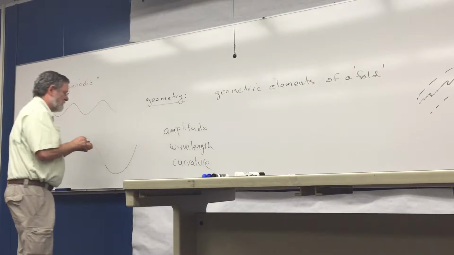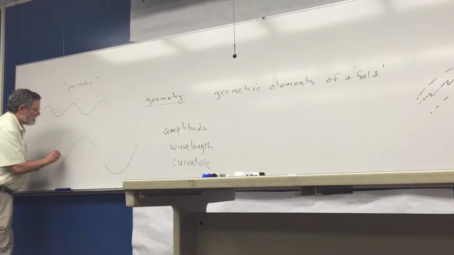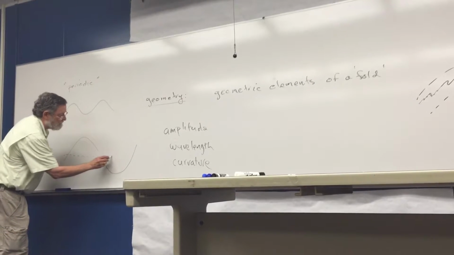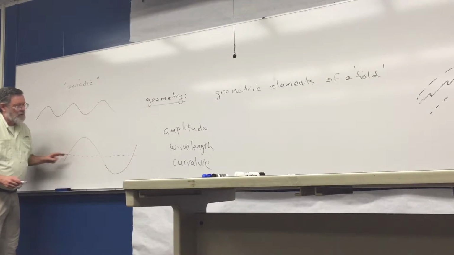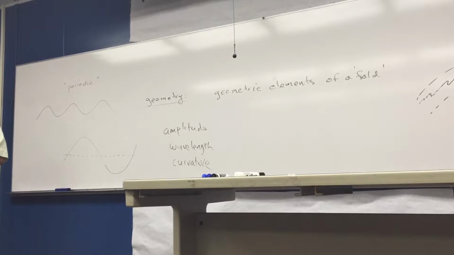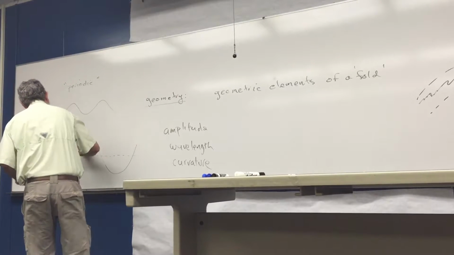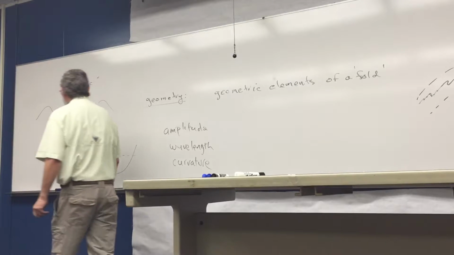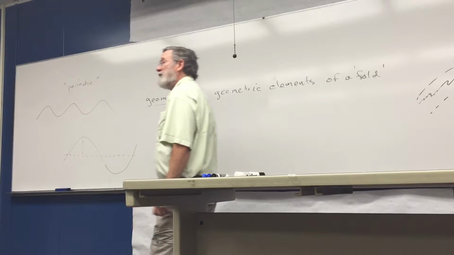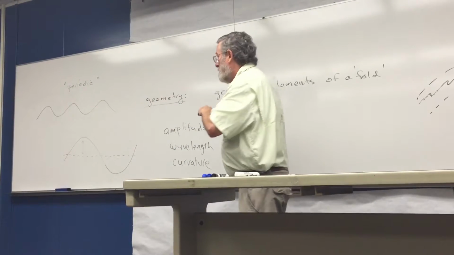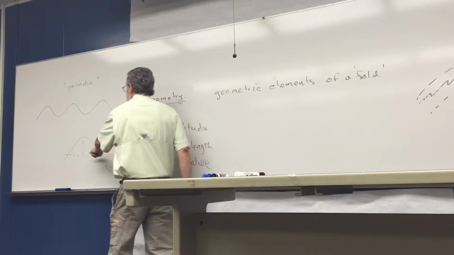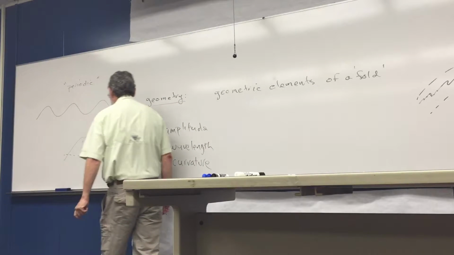Now, the amplitude of a fold. What we're going to do is define the amplitude of the fold. We're going to choose a midpoint, and we need to find out how do we choose that particular midpoint. And the amplitude is simply how high that particular fold is from that midpoint line up or down.